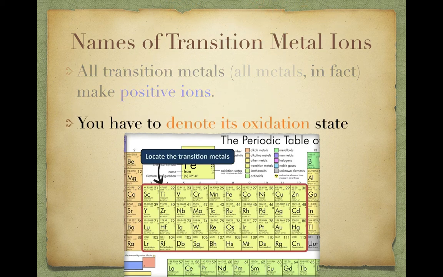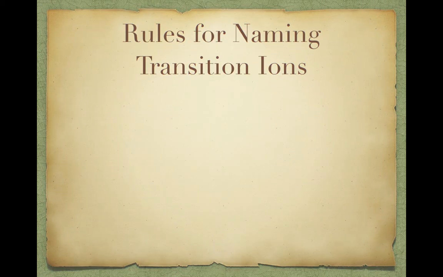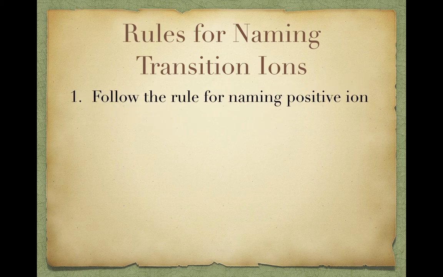And for transition metals, because they can have multiple oxidation states, you have to denote which oxidation state a certain ion has. So here are rules for naming transition metal ions, and remember they're all positive. There are no negative ions for metals.